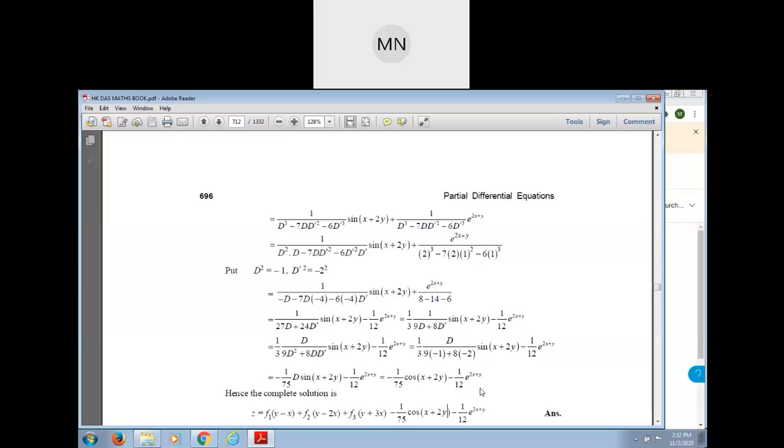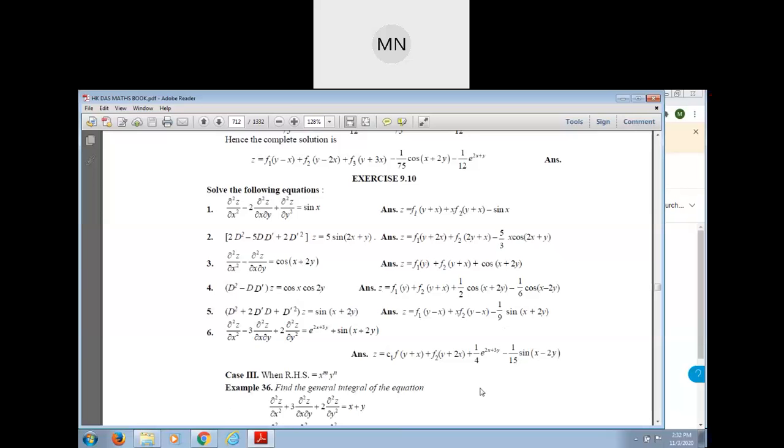So if we are given f of x, y as a sum of two functions, your main purpose is to separate both of those functions. Okay, is it clear?